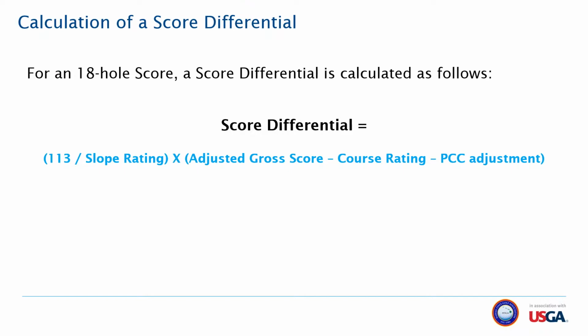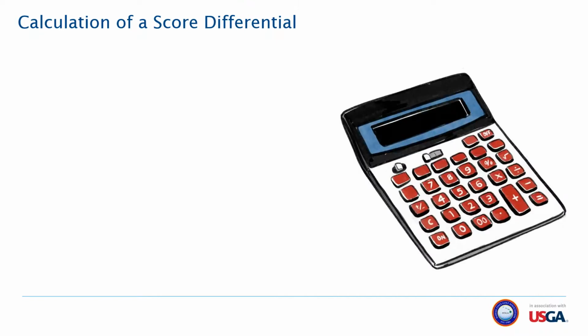So for an 18-hole score, a score differential is calculated as follows. We've got 113 divided by the slope rating, times the adjusted gross score minus the course rating and any PCC adjustment. Generally, the PCC is conservative in nature, so we expect the vast majority of the time the PCC adjustment will just be a 0.